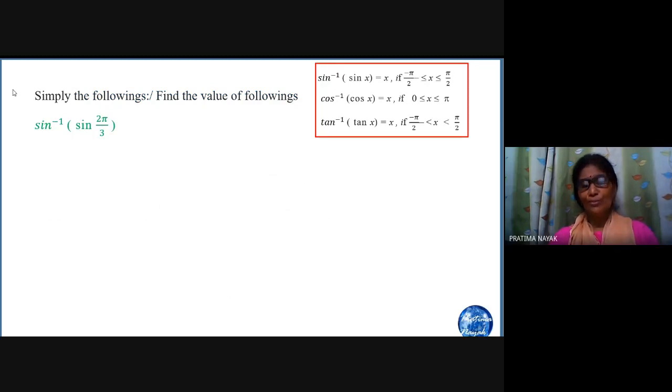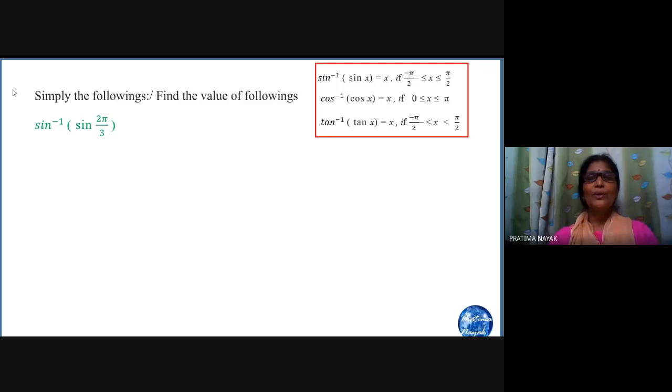So you have to remember these three concepts for the definition of the inverse function. Sine inverse sine x is x when x is between -π/2 and π/2. Cos inverse cos x is x when x is between 0 and pi, and tan inverse tan x is x in the same interval as sine inverse, -π/2 to π/2, but not equal to -π/2 and π/2.